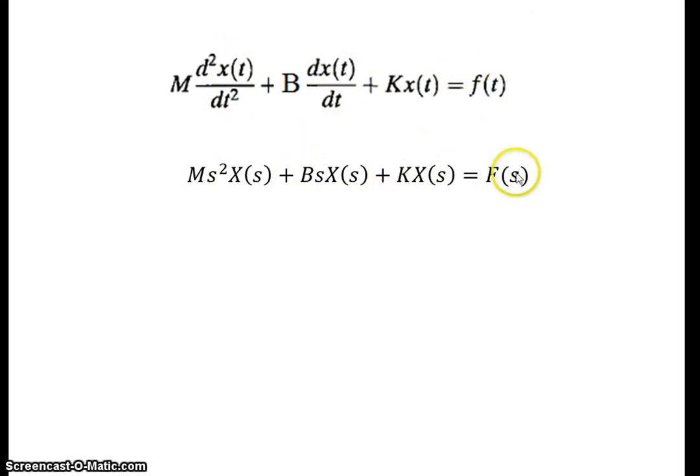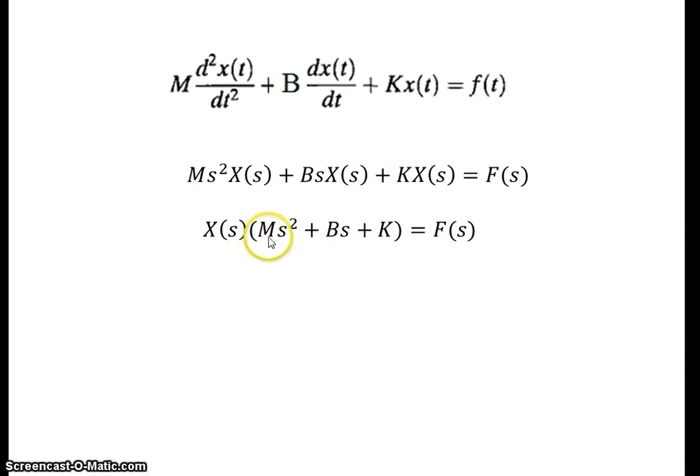Remember that when we get the transfer function, converting this model equation into its Laplace transform, we always assume that the initial conditions are set to 0. If we factor x of s in all these terms, we will have x of s times this quantity from the mass, from the damper, and from the spring, and it is equal to f of s.